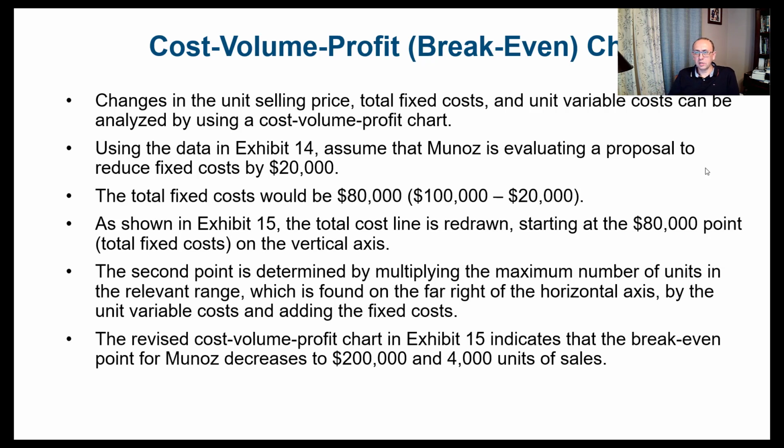So using the data in Exhibit 14, assume that Munoz is evaluating a proposal to reduce fixed cost by $20,000. The total fixed cost would be $80,000 instead of $100,000. So in the next exhibit, which is another chart, the total cost line would be redrawn, starting at $80,000 instead of $100,000 on the vertical axis.